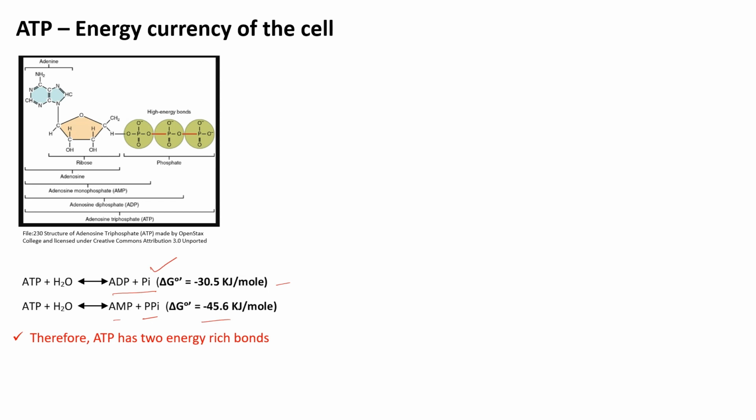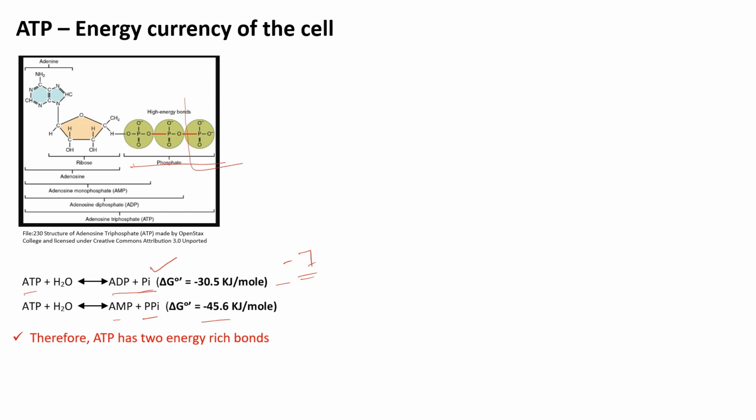Because it has a delta G value much greater in magnitude than -7, ATP acts as an energy currency of the cell, or ATP can donate energy with the breakage of the phosphate bond, the phosphoanhydride bond. If you see the structure of ATP, it consists of 3 phosphates. ATP, triphosphate.